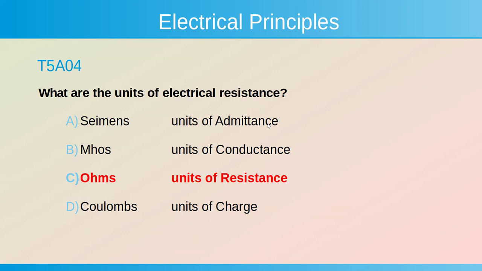It shows up on the extra. It's a unit of admittance. Mho is ohm spelled backwards, which is a real thing, and it's the unit of conductance, which is the reciprocal of resistance, so it's 1 over resistance. And we know coulombs are units of charge.